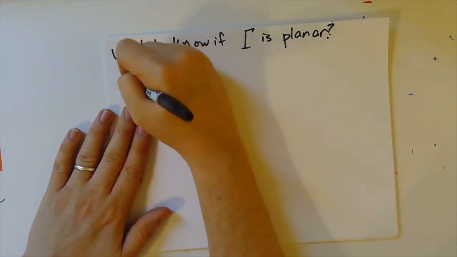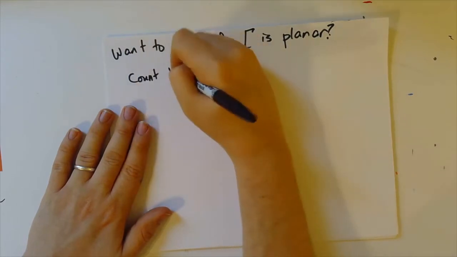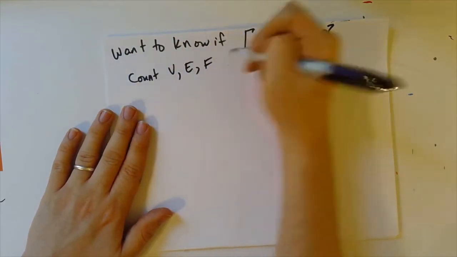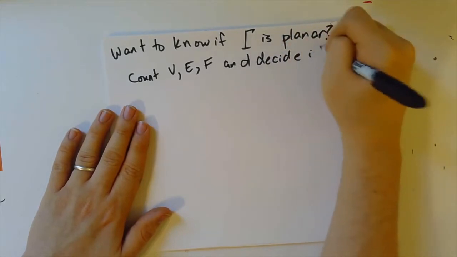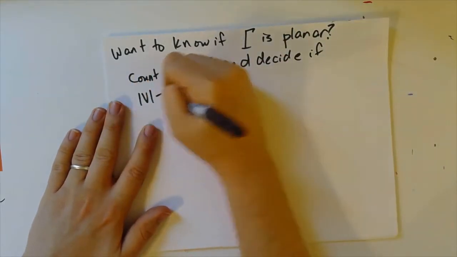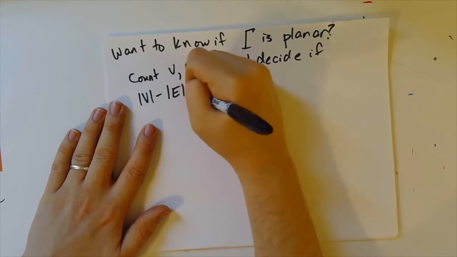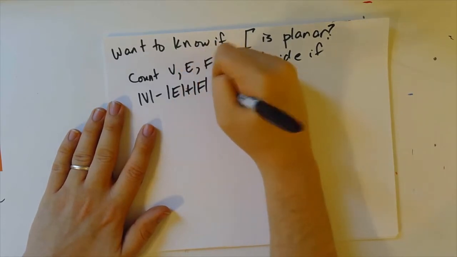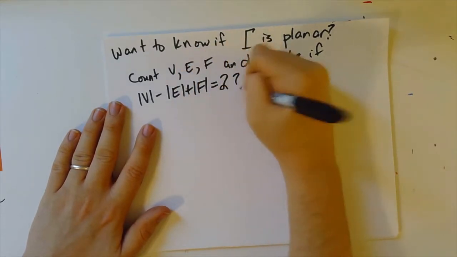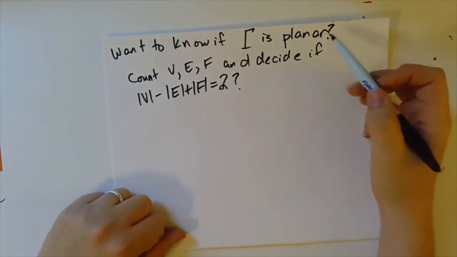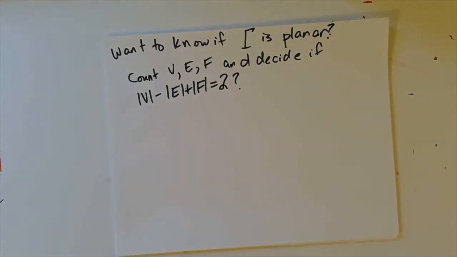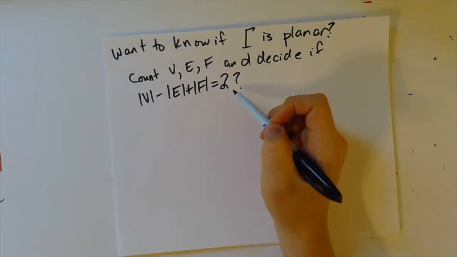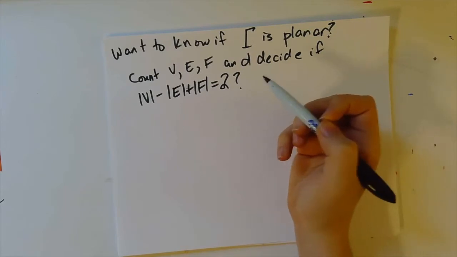Okay, and so here's something you might do. You might count V, E, F and decide if this is 2. And say, well, we know for planar graphs this is always 2, so if this number is anything other than 2, then my graph isn't planar.